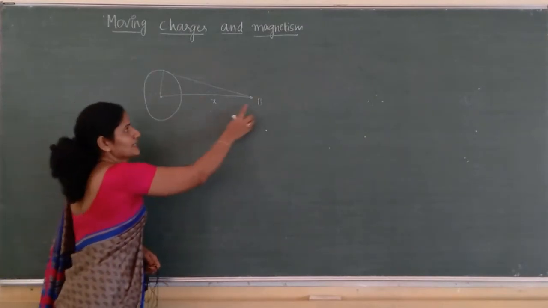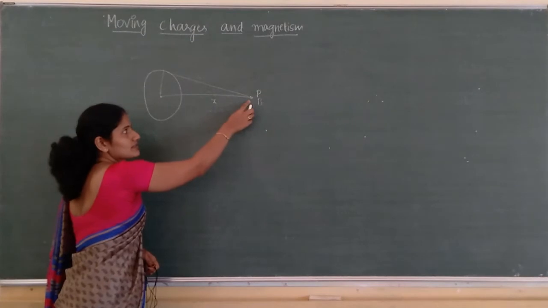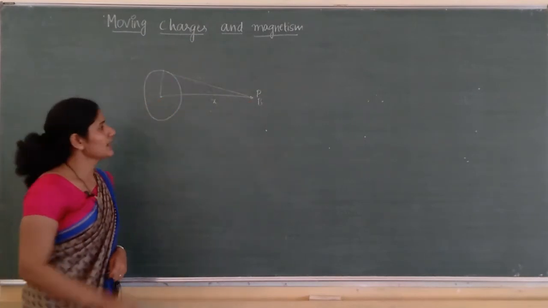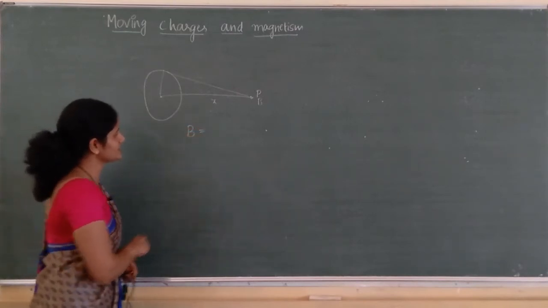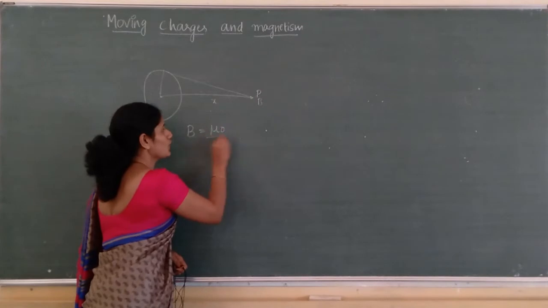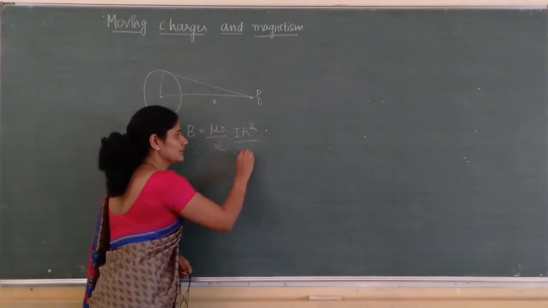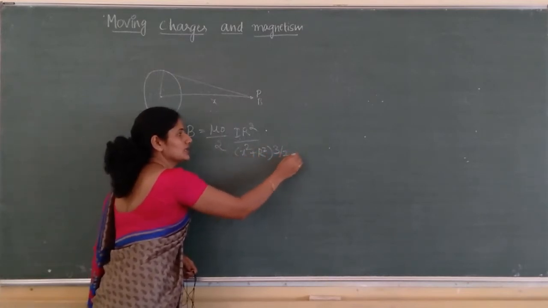Magnetic field at a point P along the axis due to the current carrying coil, the expression for B is equal to mu naught by 2 I into r square divided by x square plus r square to the power 3 by 2.